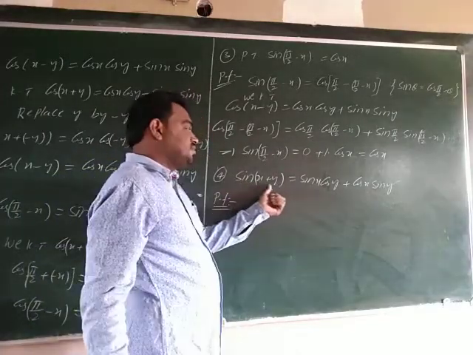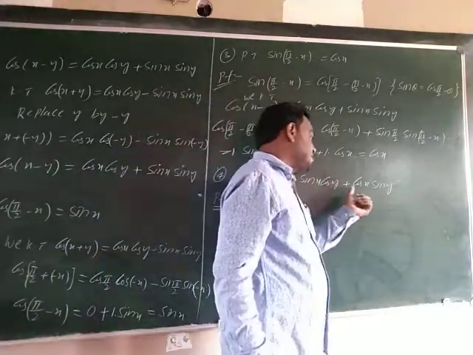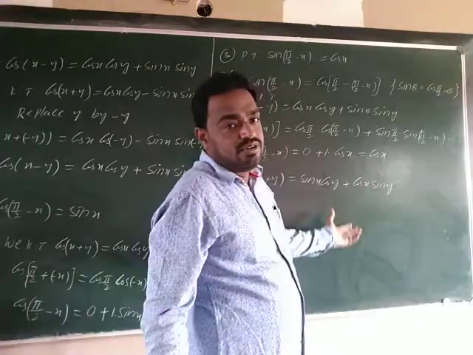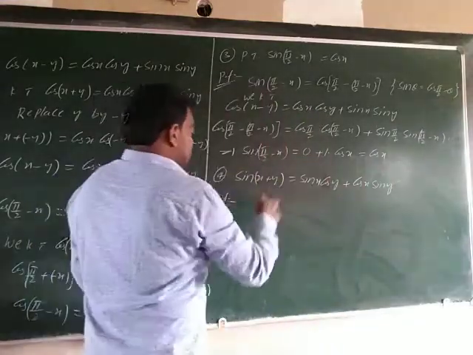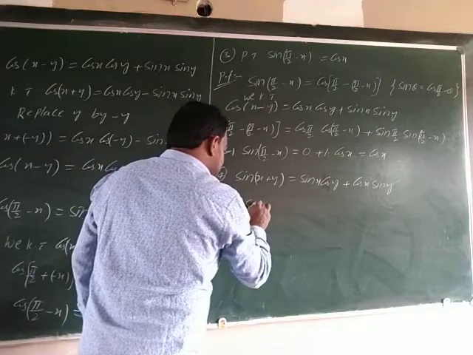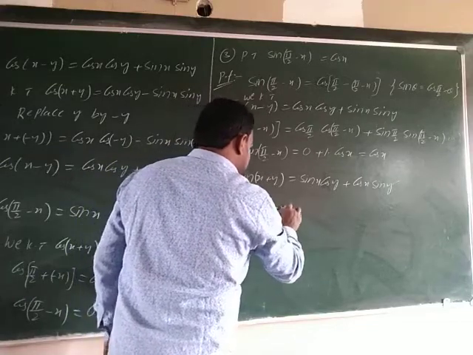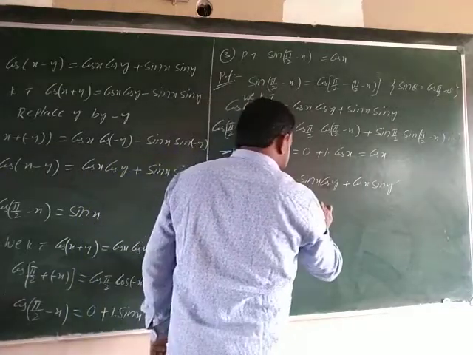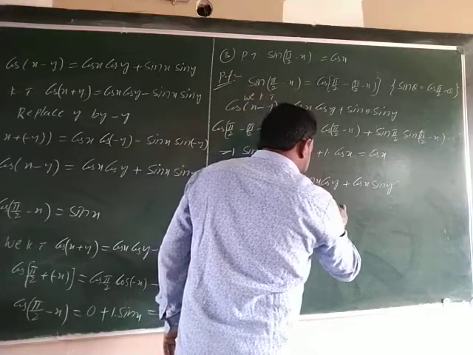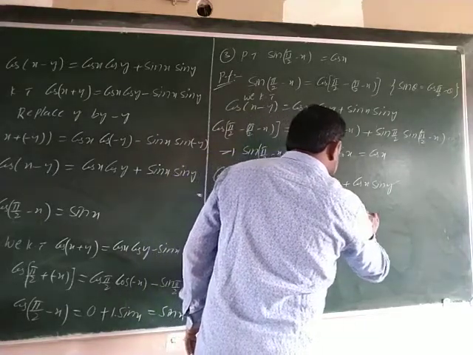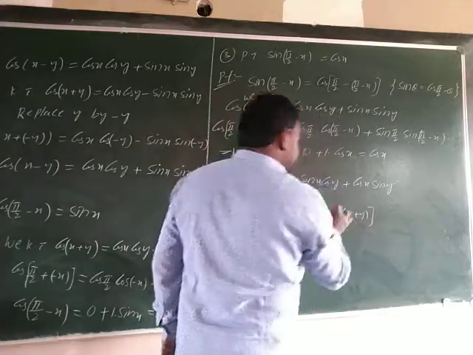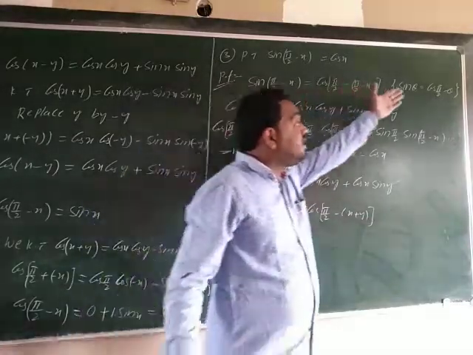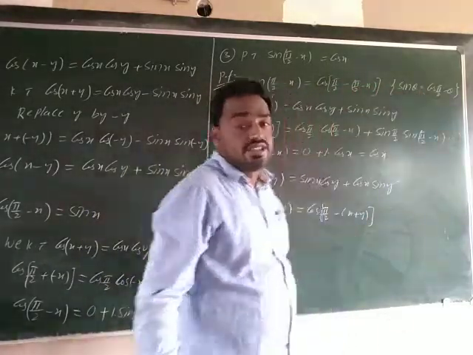Next one, the fourth one, you see, proof of the fourth one: sin of x plus y equal to sin x cos y plus cos x sin y. You need to prove this one. How do you say? Sin of x plus y is equal to cos of pi by 2 minus of x plus y. Same formula: sin theta is equal to cos 90 minus theta.